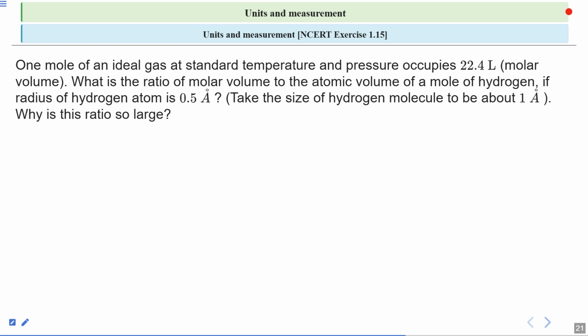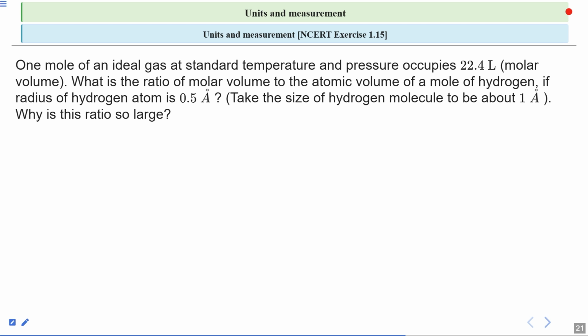If the radius of hydrogen atom. In this they have said the mole of hydrogen, but they have given us a radius of hydrogen atom. Here they have given us that take the size of hydrogen molecule. So that's why I earlier told you this is an interesting question.